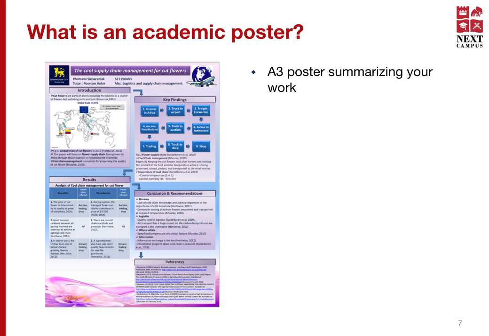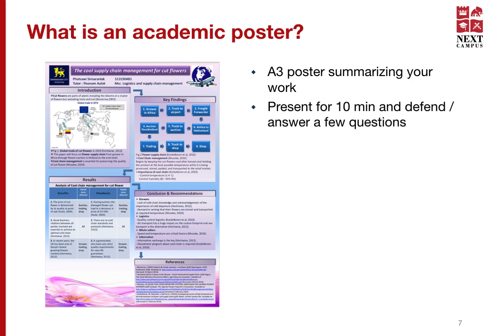It is an A3 poster summarizing your work, or summarizing your literature review. And typically you have to present this for 10 minutes and also defend your poster by answering a few questions.